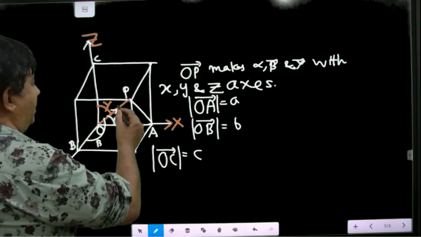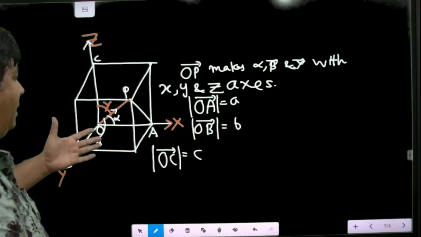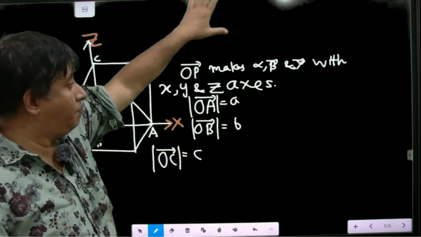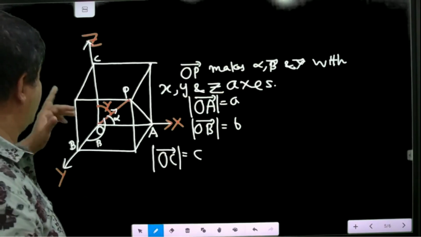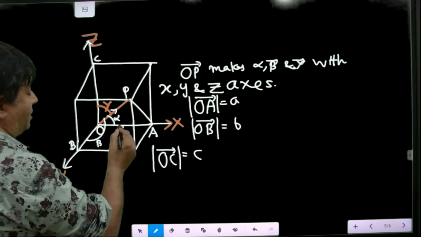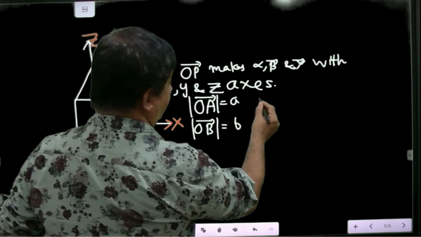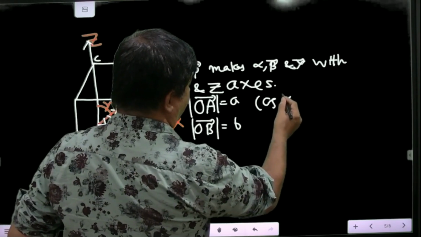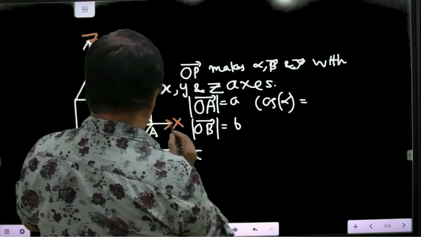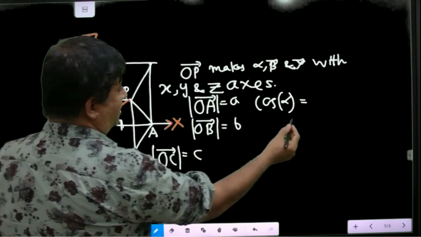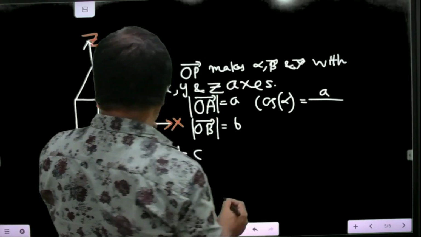But here it is a 3D figure and we are drawing on a plane surface, means 2D. So cos alpha is base by hypotenuse, means here the diagonal. Cos alpha is base OA. OA's magnitude is A. What is the diagonal?